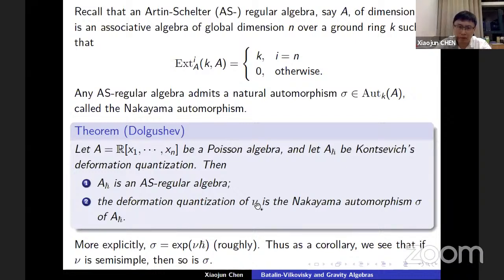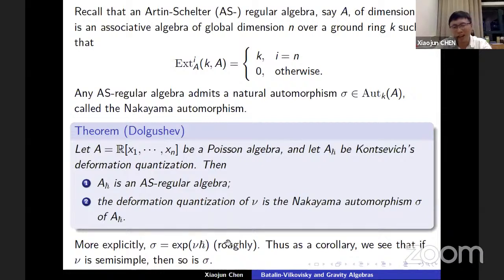So this relates the modular vector of the Poisson algebra with the Nakayama automorphism of its deformation quantization. More precisely, this Nakayama automorphism is exp of nu h bar.